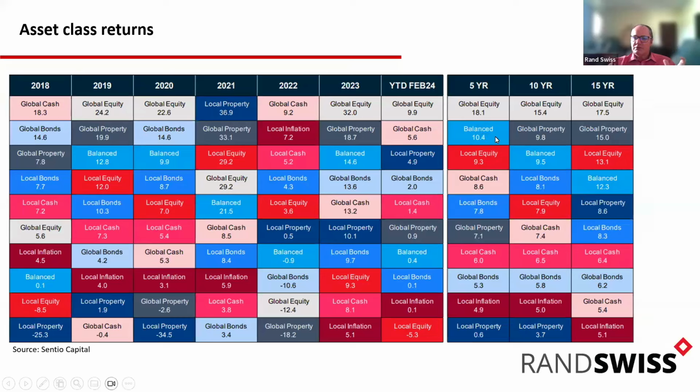So we're going to look at what a balanced portfolio looks like in the next couple of slides. But just to give you an idea, you can see a balanced portfolio also jumping around a bit, obviously here. But over a 5-year, 10-year, and 15-year period, you can see it is kind of in the top half.